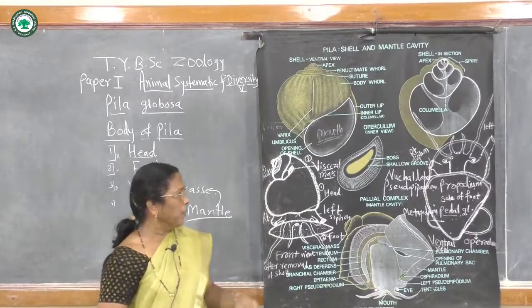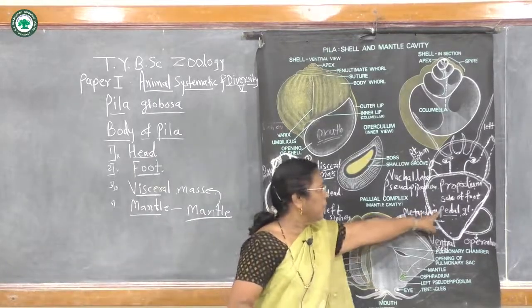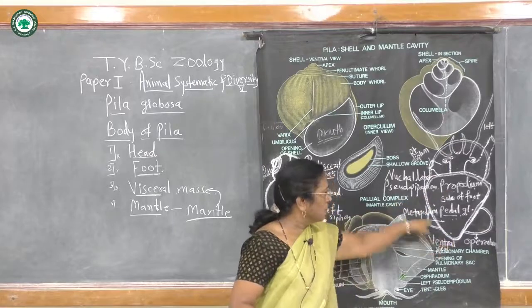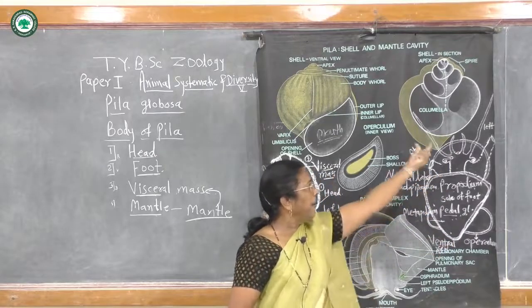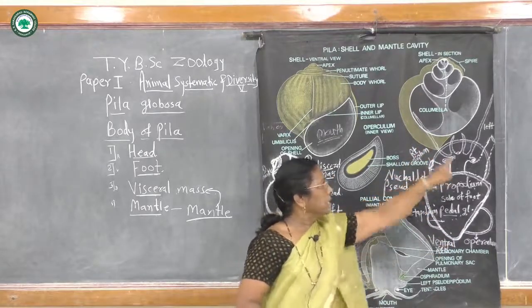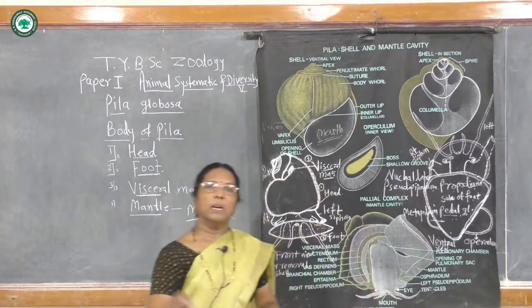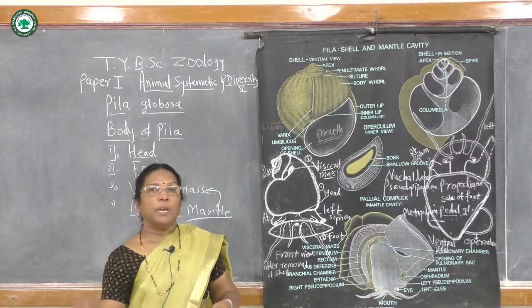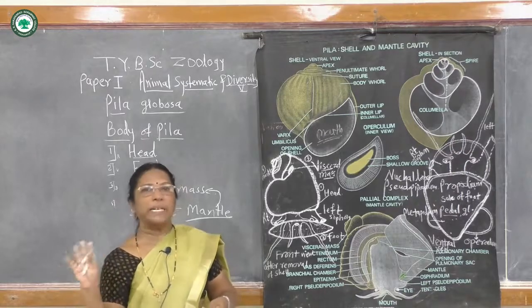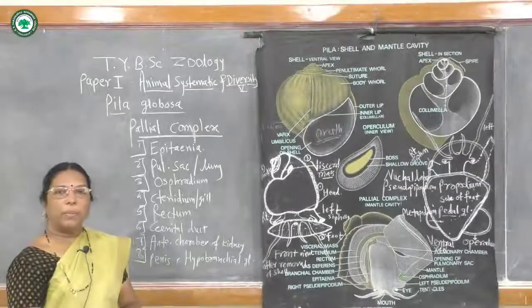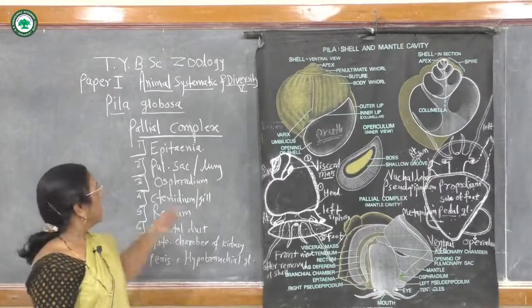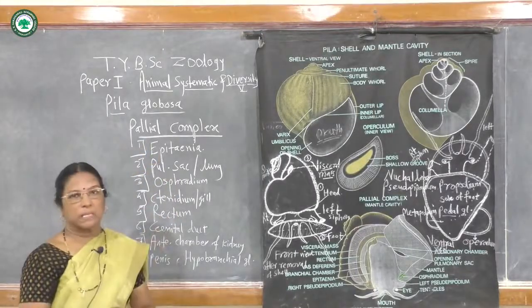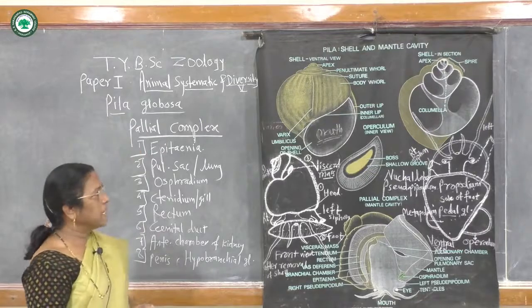This is the front view and this is the ventral view, which shows the triangular foot and head, and siphons. Siphons are nothing but a modification of the mantle wall itself. Coming to the next point, the pallial complex. What is the pallial complex?